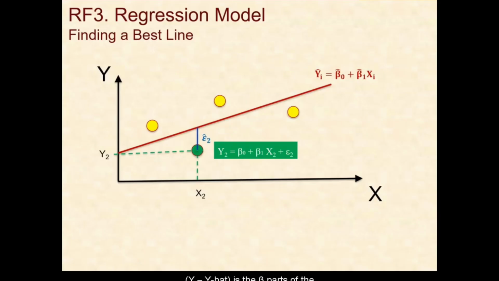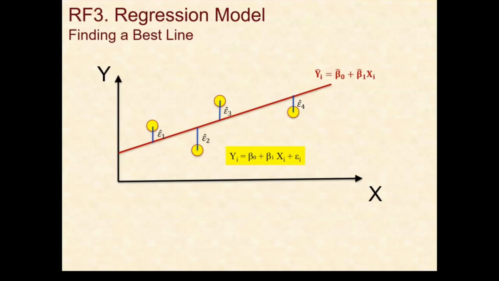Y minus y hat is the beta parts of the process model plus epsilon, minus the beta hat parts of the sample model. Thus, y minus y hat can be thought of as representing our best estimate of the error term, epsilon, for that individual in the sample. As an estimate of epsilon, we can denote this as epsilon hat, as is done in the figure for the segment in blue for individual i equals 2. y2 minus y hat 2 equals epsilon hat 2.